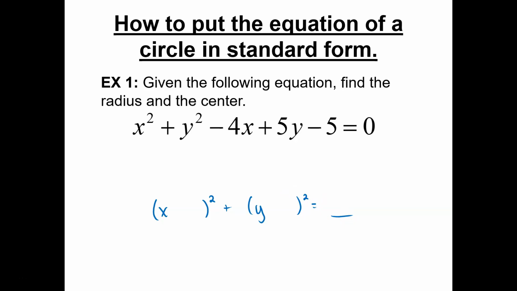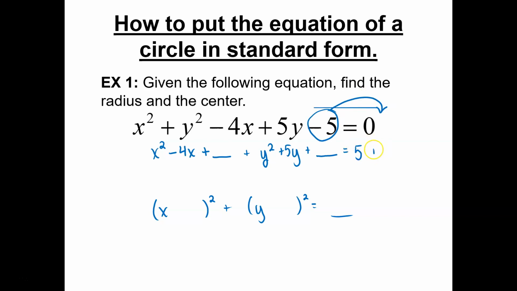So to do that, I'm going to group my x's together. So I'll have x squared minus 4x, and I'm going to go ahead and put a plus blank right there. And then I'll have y squared plus 5y plus blank. And that will equal, I'm going to move this -5 over here to the other side, so it will become a positive 5. And I'm going to put 2 plus blanks over here on the right-hand side.